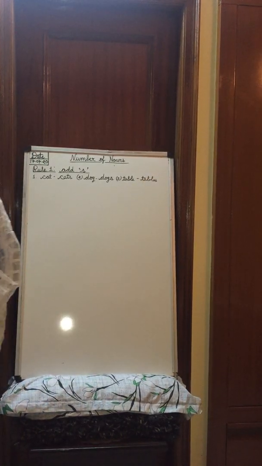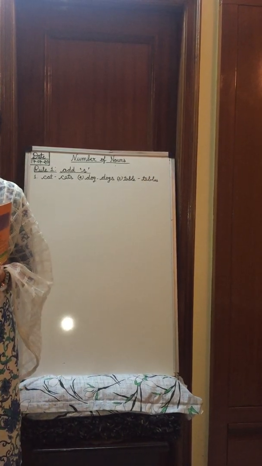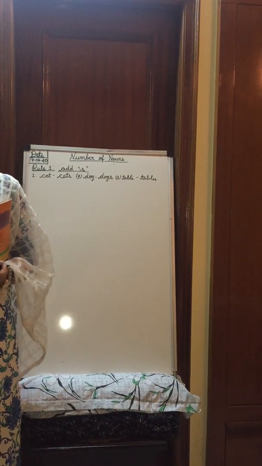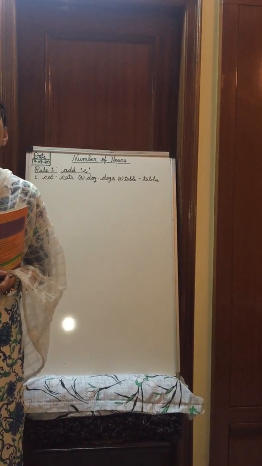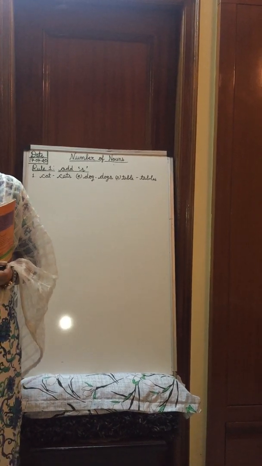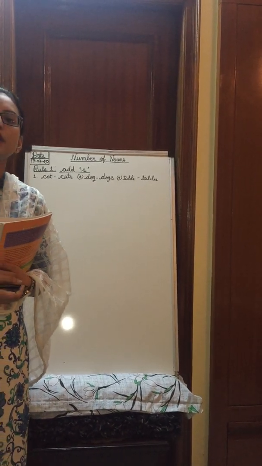So, in rule number 1, we have learned that with most nouns, we add s to the end of the word to make it plural. Now, we move forward to the rule number 2.